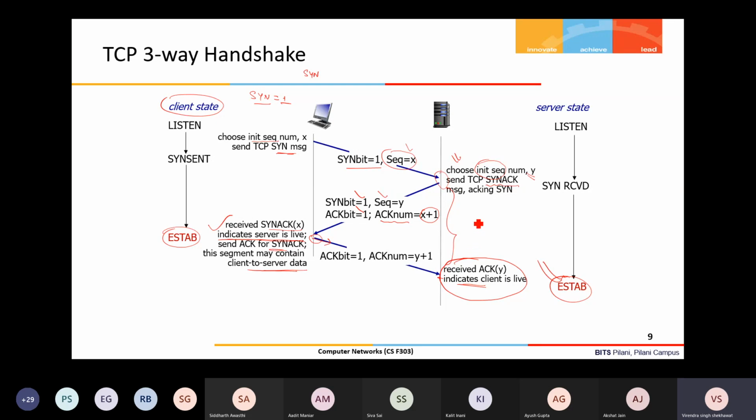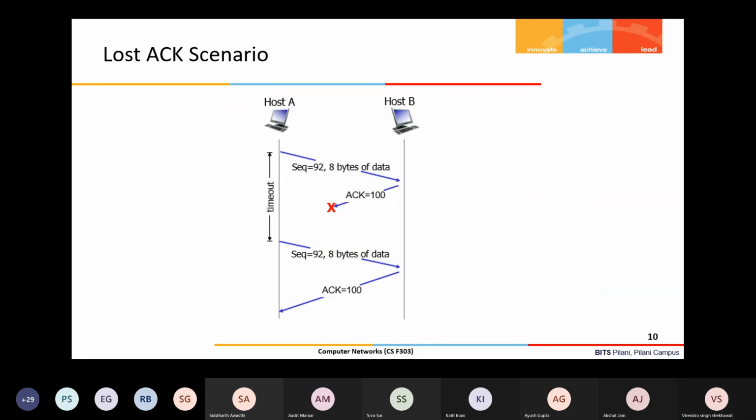So it will wait for some time, a timeout will be set, and if the timeout occurs, then it will send the SYN-ACK again. And when that is received and the corresponding acknowledgement comes, only then will it consider the connection established. Okay, sir. Thank you.